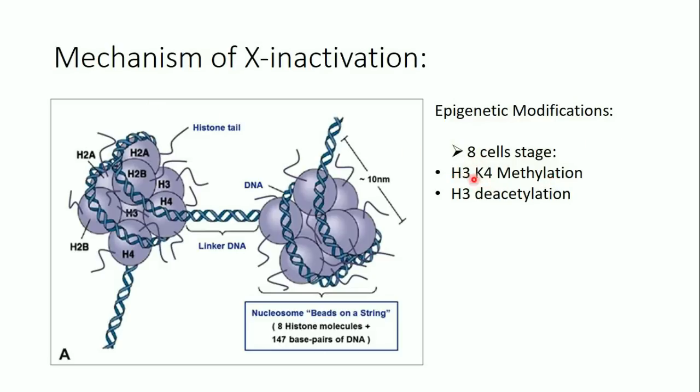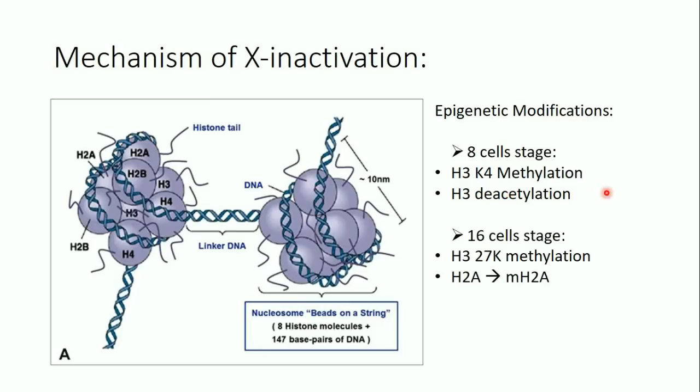K4 is lysine number 4, where K is the abbreviation for the amino acid lysine. So on the histone 3 tail, we have methylation on K4, and then we have deacetylation. I told you before that acetylation relaxes, while deacetylation increases the compaction.